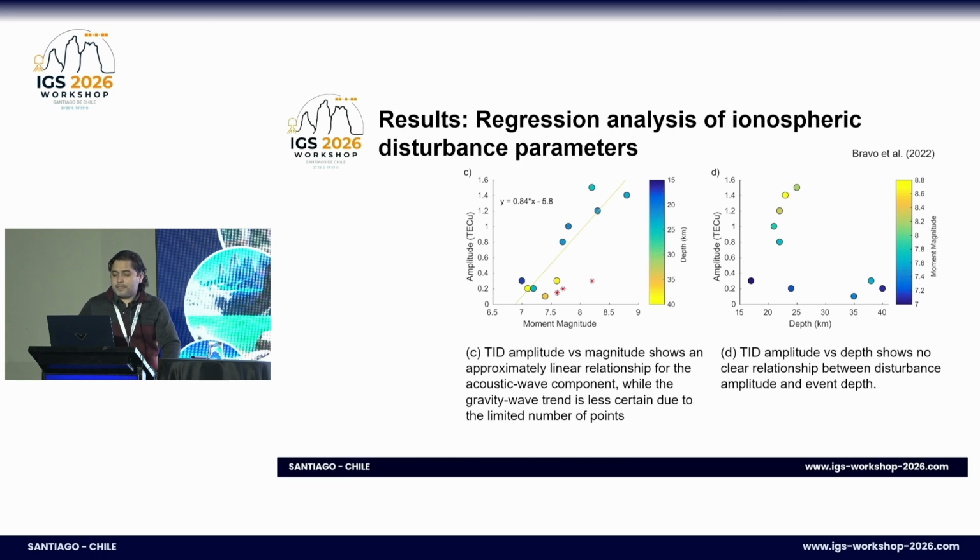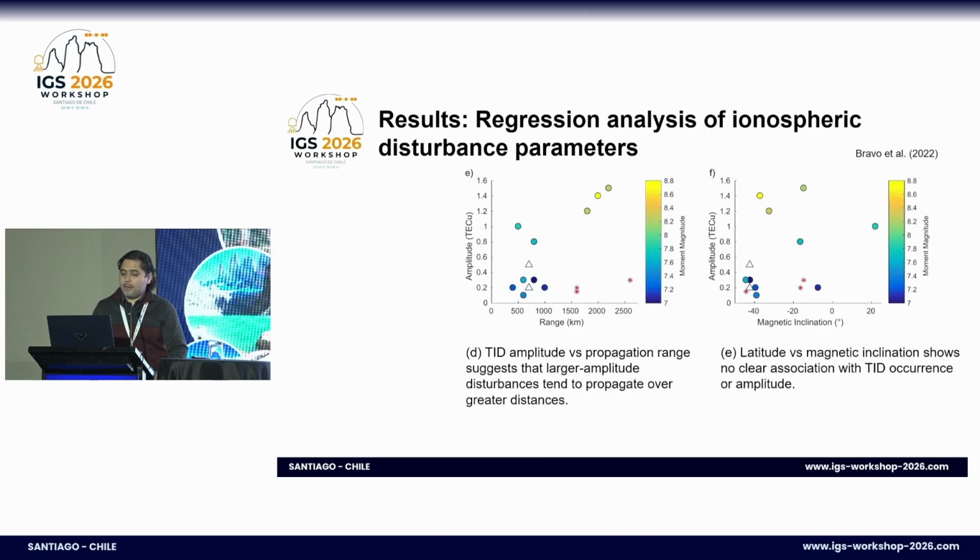Of the 63 events, we only observed 10 events with TID associated to acoustic wave, and only these 3 points, represented with asterisks, are gravity waves. And in the right panel, TID amplitude versus depth shows no clear relationship between them.